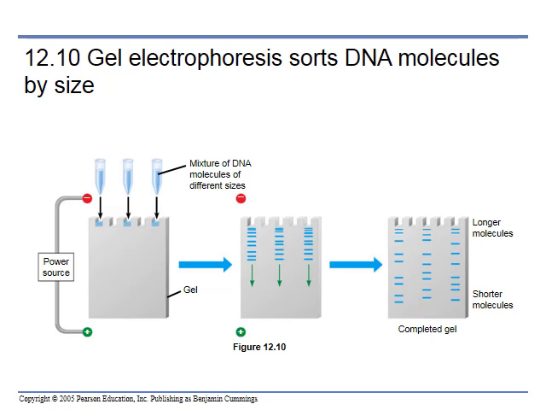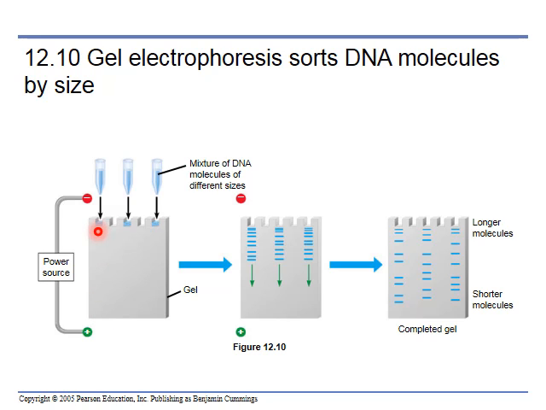Okay, so gel electrophoresis sorts DNA molecules by size. If you chop up DNA with a restriction enzyme, the big old molecules are not going to go very far. If we put some DNA into these little wells, DNA is charged, so you can run a charge on it, and that's going to make it want to run through the gel itself.